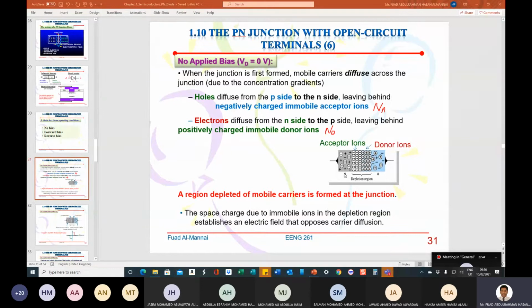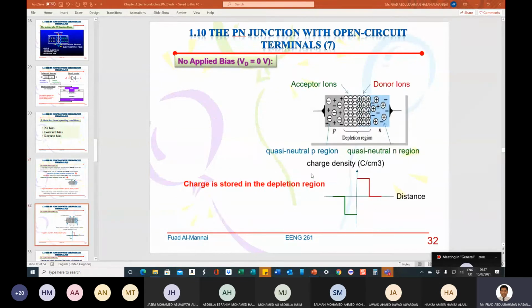We just explained that, and we created the depletion region here, where the majority carriers are depleted, and all that is left are the donor ions and acceptor ions in the middle here.